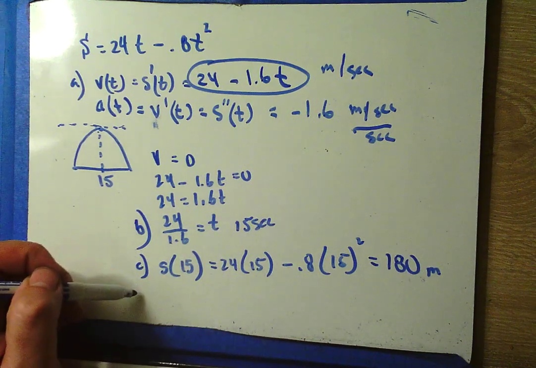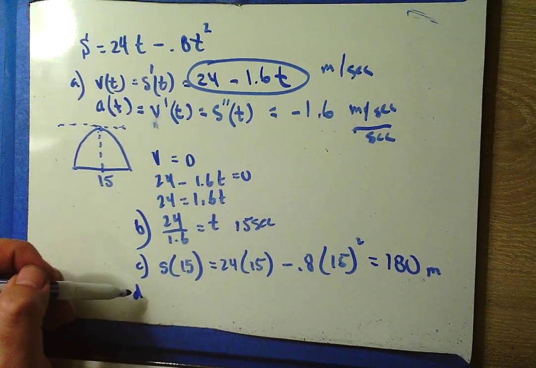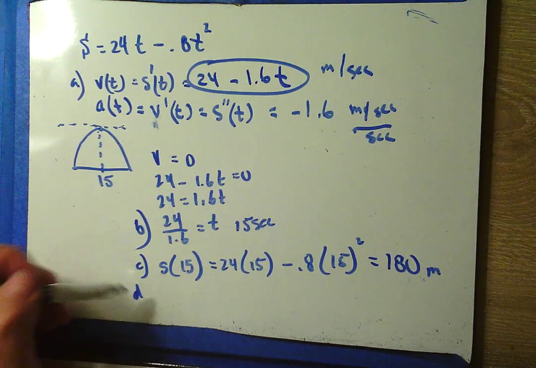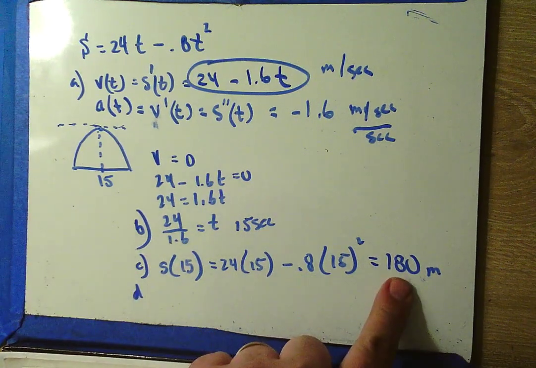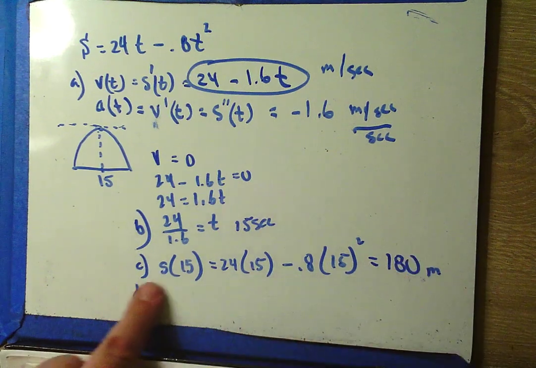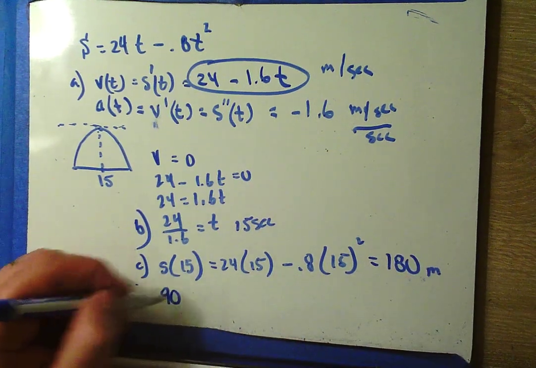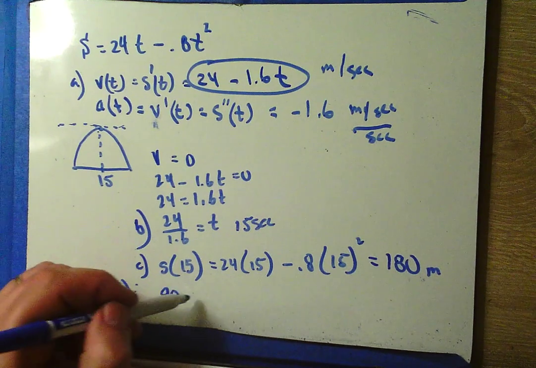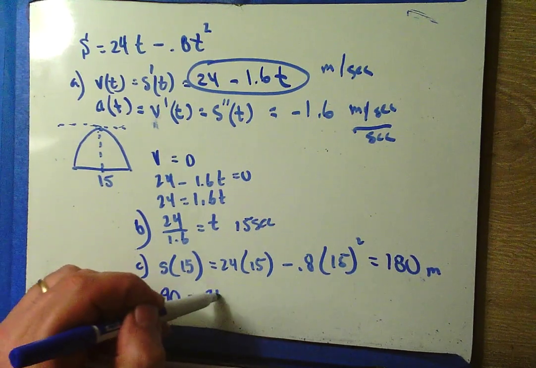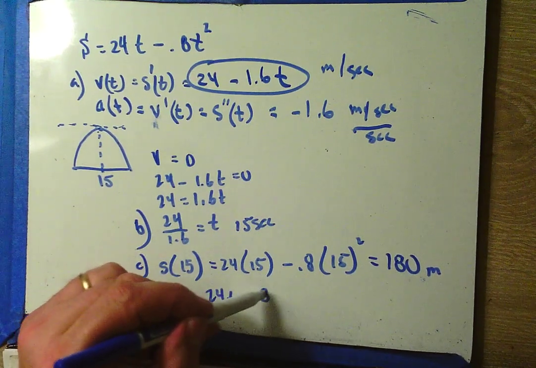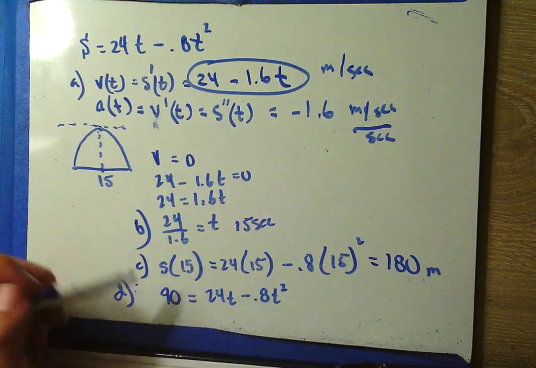Okay, part D says, when did the rock reach half its maximum height? Okay, so the maximum height was 180. Half of the maximum height is going to be 90. And we're wondering when position 24t minus 0.8t squared equals 90.